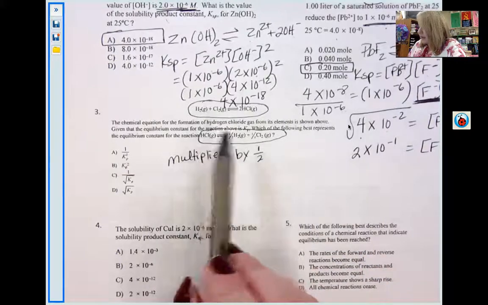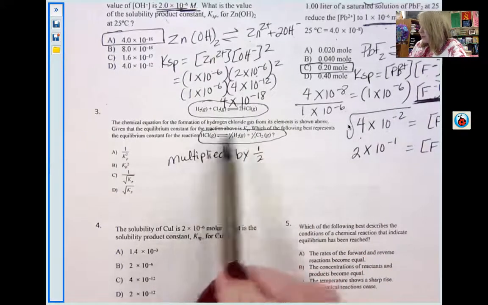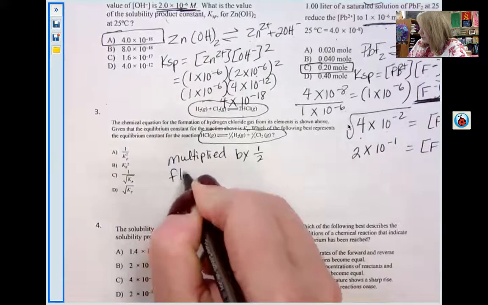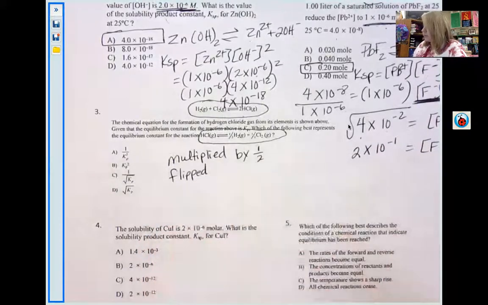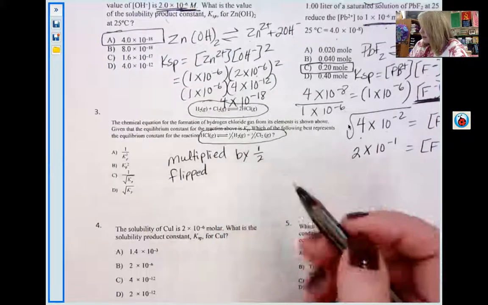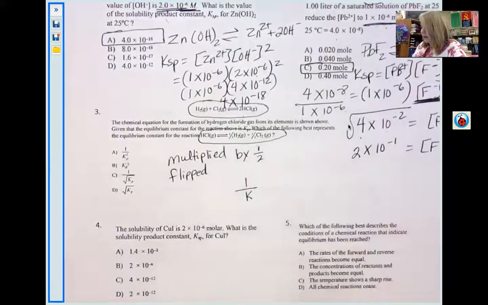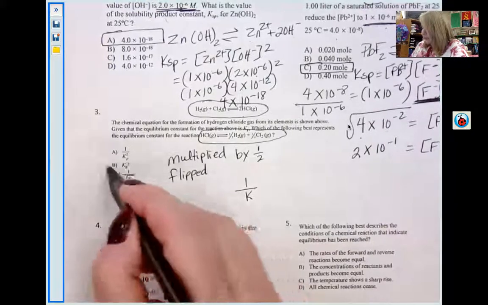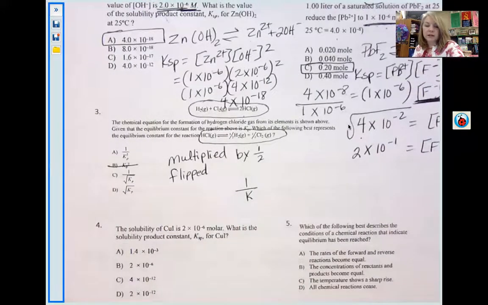Also notice that the HCl is on the opposite side, so it's been flipped. Okay, so in order to find the K for a flipped reaction, we would take the inverse of K, right? So we could eliminate B out of there since it's not an inverse.